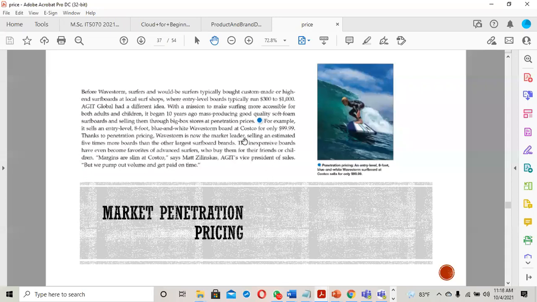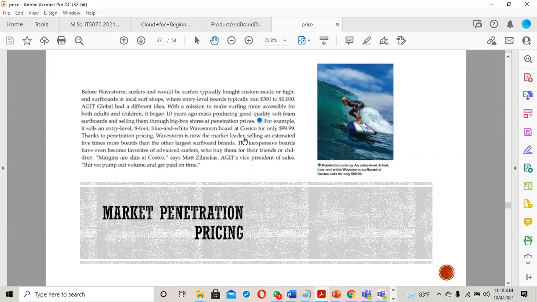So more and more people bought that product. It went deeper and deeper into the market, which means it penetrated the market. That is what we mean by market penetration: more and more people started buying that product because they started at a lower price. So that is an example of market penetration, and it is the opposite of what we talked about earlier.